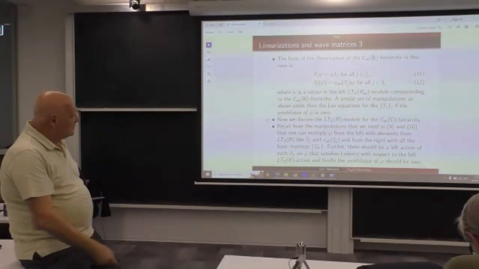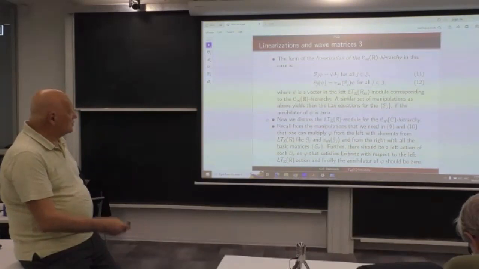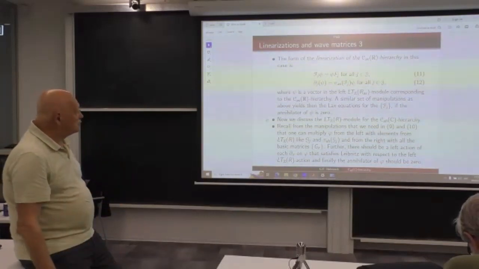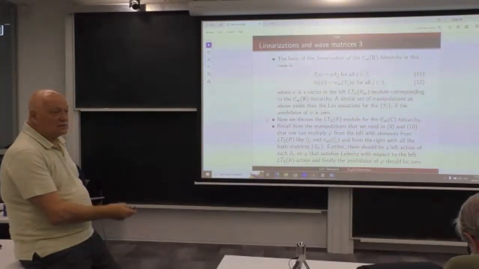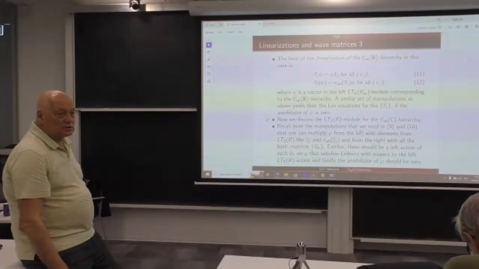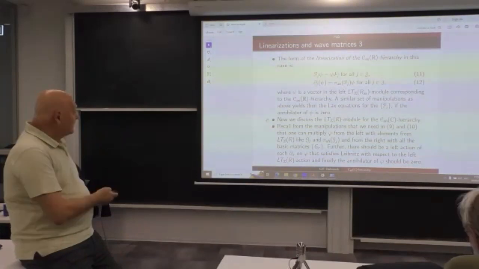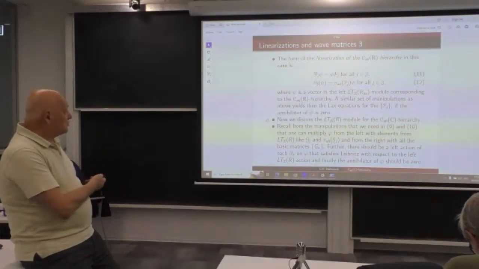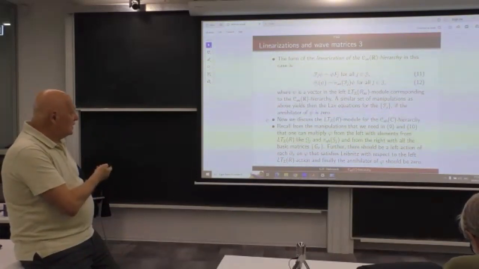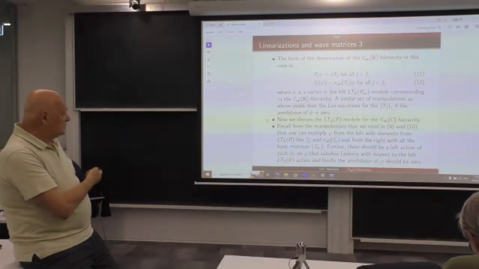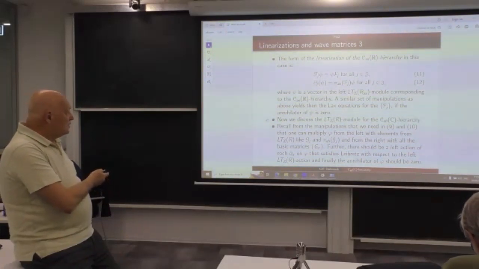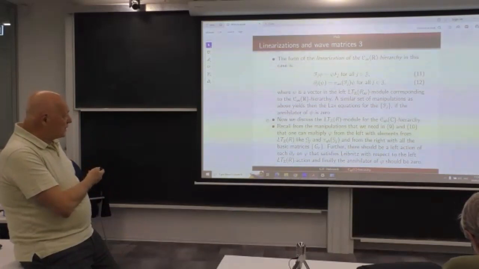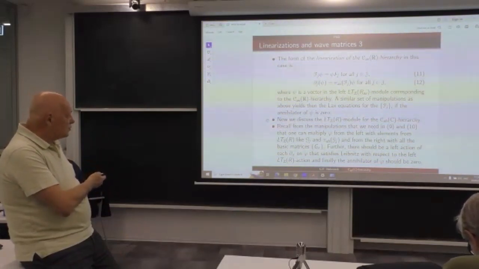Now, so we will see what we have to do in the complex case, and then the real case goes in another analogous way. Now, what kind of manipulations we needed in 9 and 10? Then you have to be able to multiply phi from the left with elements from the pseudo difference operators.